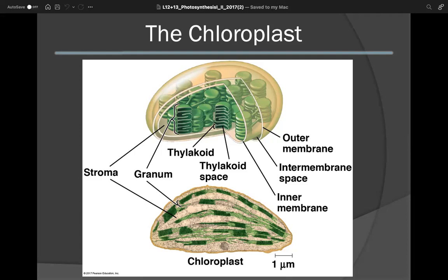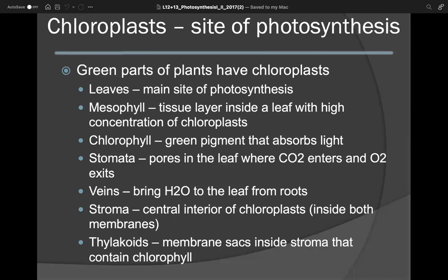Inside of our thylakoids, we have the chlorophyll, which is that green pigment that absorbs light. If you remember, the reason that we see it as green is because green is the color of the electromagnetic spectrum that comes back out of the chlorophyll. It's the type of light that's not absorbed.